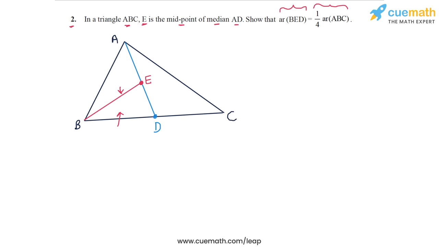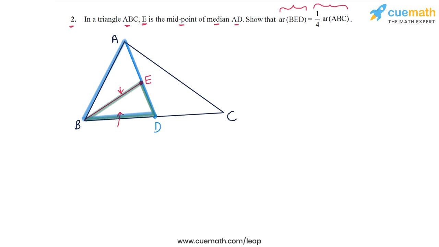And this basically means that if you take this triangle BED, the area of this triangle will be half of the area of BAD. So that's the first step of our reasoning. The area of BED will be half of the area of BAD.